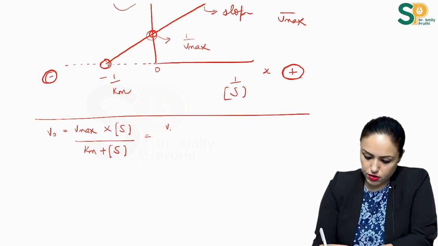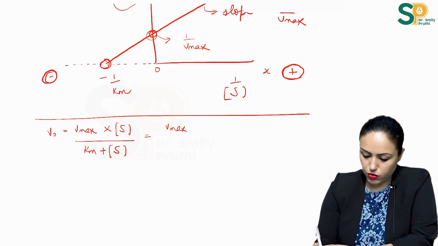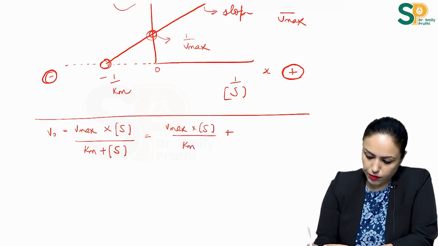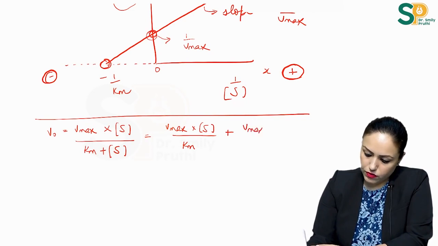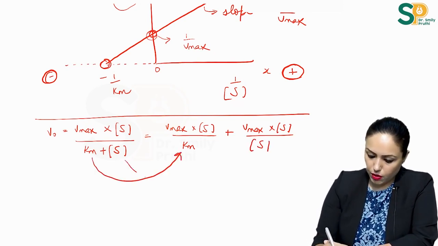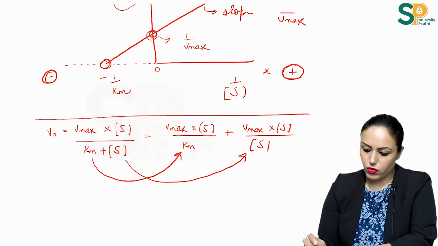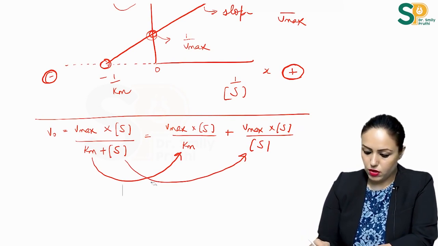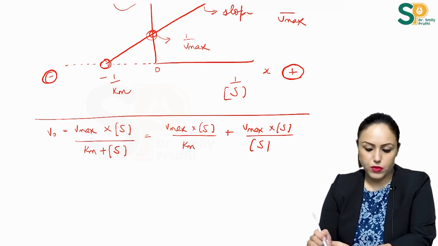Dividing the denominator term by term, the equation is Vmax into substrate concentration divided by Km, plus Vmax into substrate concentration divided by substrate concentration. Once I have taken Km and once I have taken substrate concentration, and the upper part is the same.